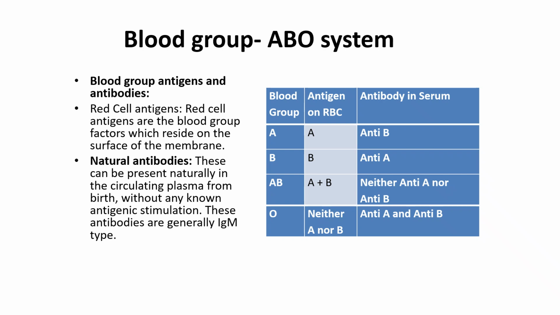B group contains B antigen and anti-A antibody in the serum. AB contains antigens A and B both and no antibody. Blood group O contains no antigen, neither A nor B, and anti-A and anti-B both antibodies are present in the serum.